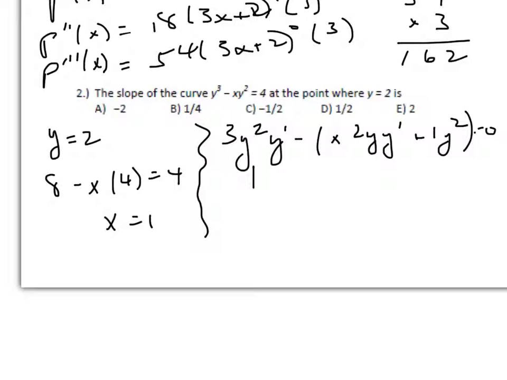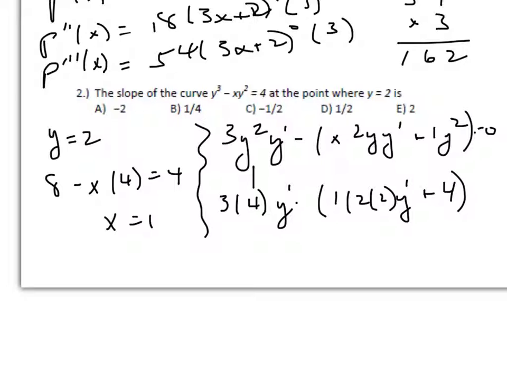Plugging in our values, you have 3 times 4 y prime minus 1 times 2 y prime plus 4 equals 0. So we have 12y prime minus 4y prime minus 4 equals 0. So that gives you y prime is equal to 1/2. Good.